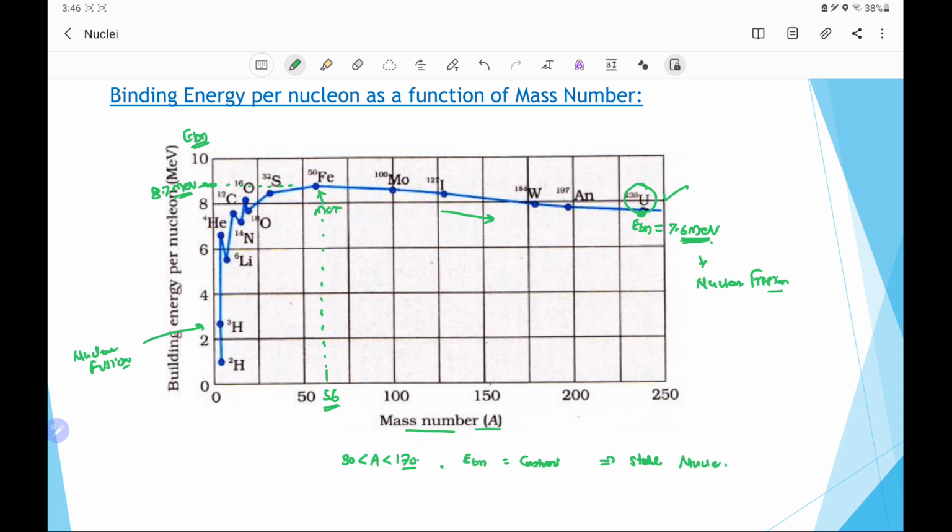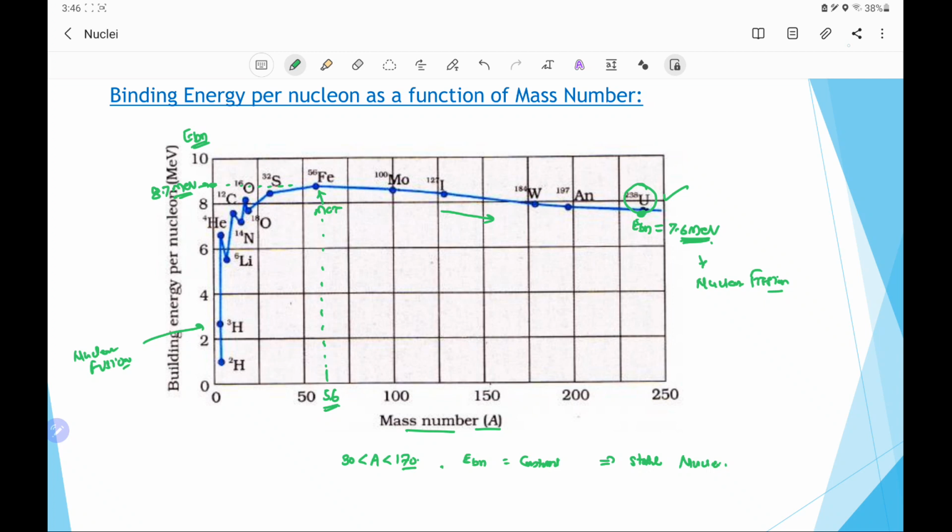Therefore, we can say heavier nuclei undergo nuclear fission, in which their mass number reduces and they become stable, while the lighter nuclei undergo nuclear fusion, in which their mass number increases and the nuclei become stable.